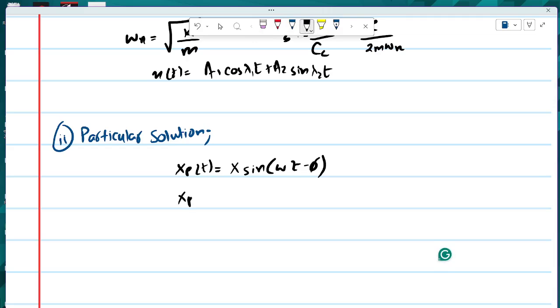Xp of t equals a sine of omega t plus b cosine of omega t. That's a simple way to write it, just to avoid the phase.